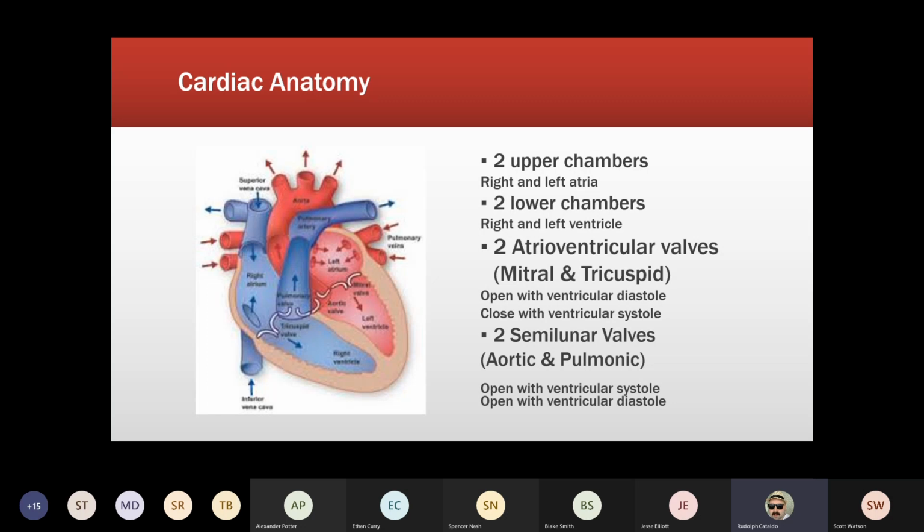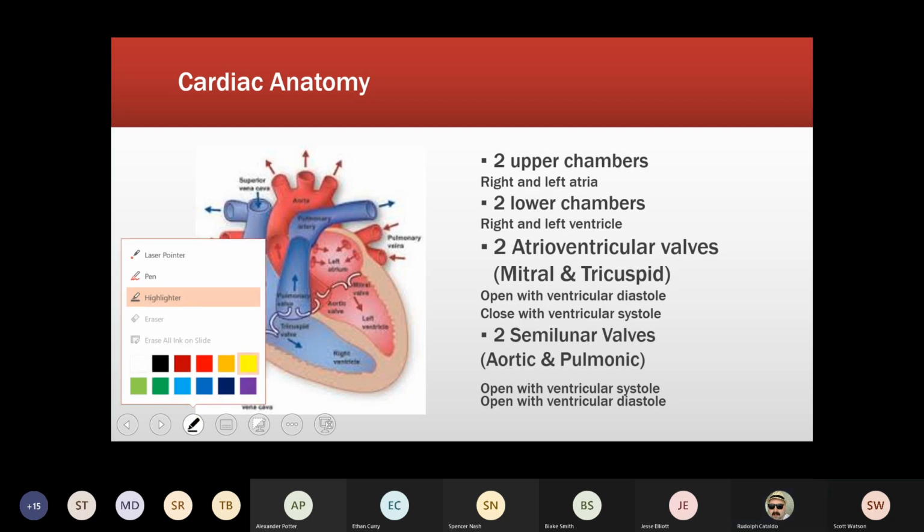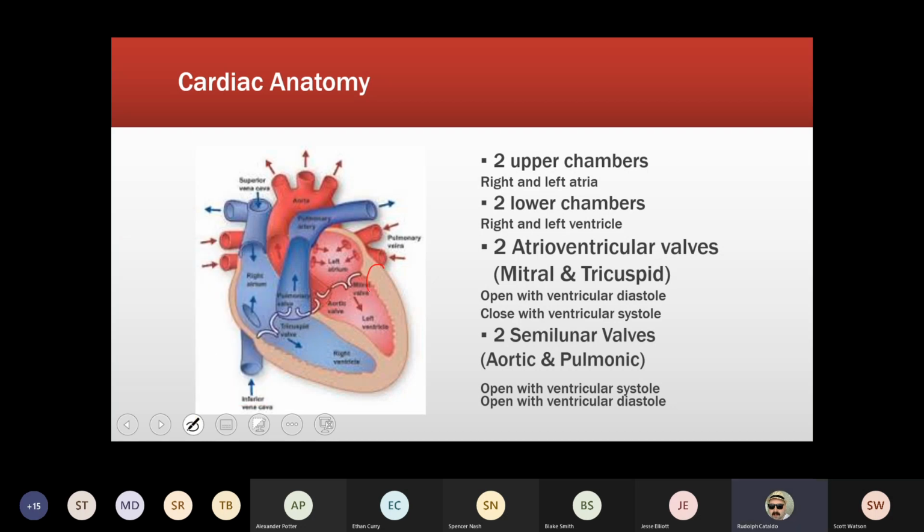A good thing to remember as well is that with our heart, this portion right here on the screen, our left ventricular wall is going to be more muscle dense than, say, our right side here. Why is it more muscle dense? Somebody give me the answer on that.